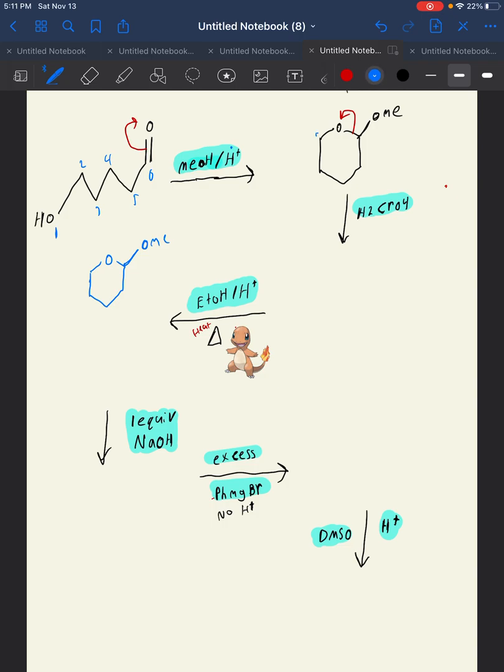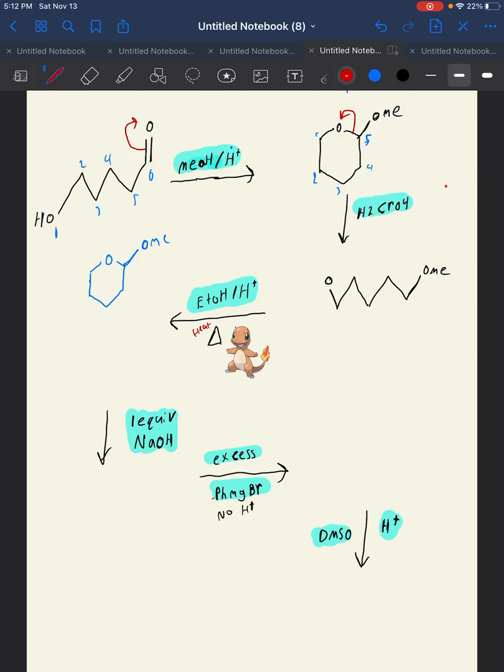Let me draw this out. 1, 2, 3, 4, 5. 1, 2, 1, 2, 3, 4, and then 5. And then we would have OMe here, and we would have at our 5th carbon an oxygen.